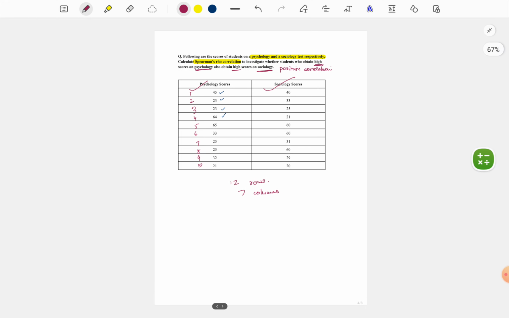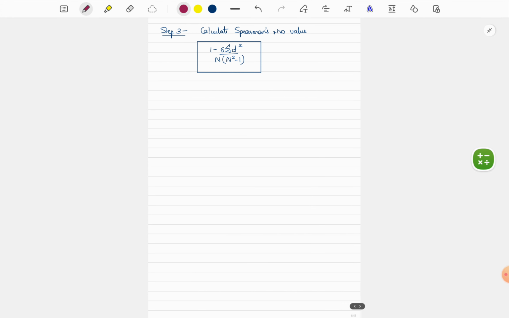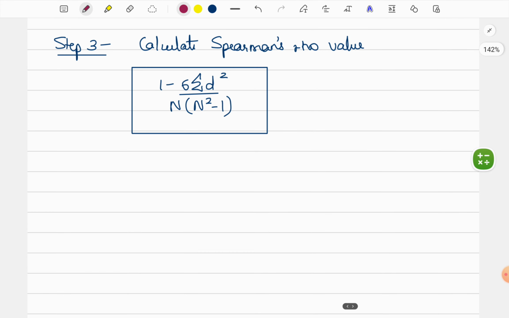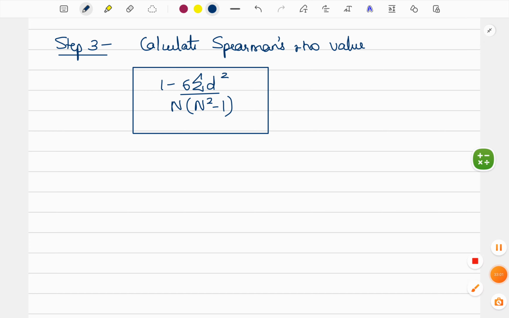Okay, so let's come to solving the sum. Once we write the formula, we should just start substituting the values. It's very easy from this point onwards. So we can make the symbol for row now. You know the symbol for Spearman's row is this. So Spearman's row is equal to 1 minus, in the numerator 6 into sum of d squared.